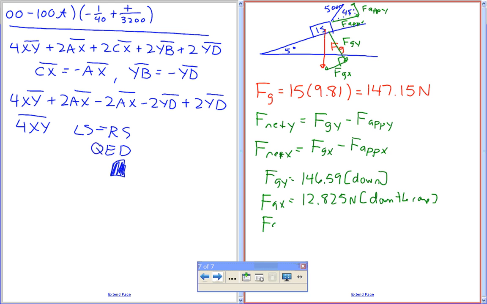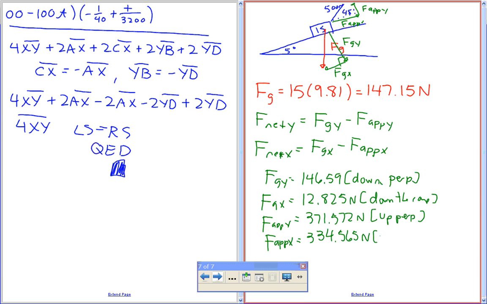F applied Y was equal to 371.572 newtons up perp. It should be down perp. And F applied X is 334. Oh yeah, that really works for me.